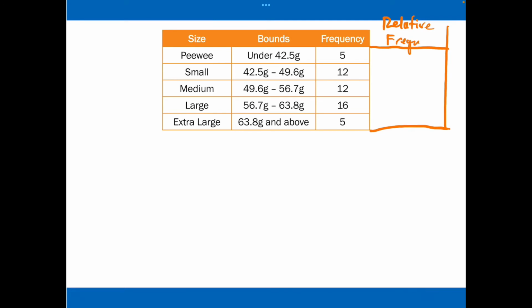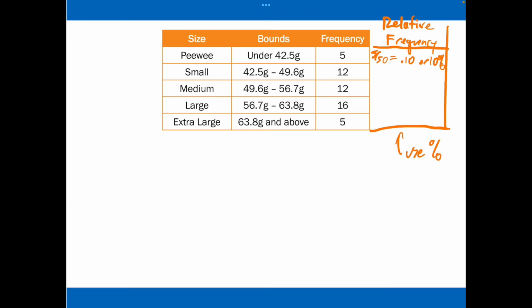And relative frequency is just what we get when we use the frequency in percentage terms instead of total terms. So we use a percentage instead of the total. So instead of 5, we're going to take 5 and divide it by 50, which will give us 0.10, or 10%.